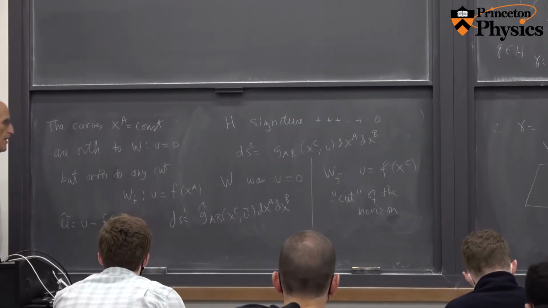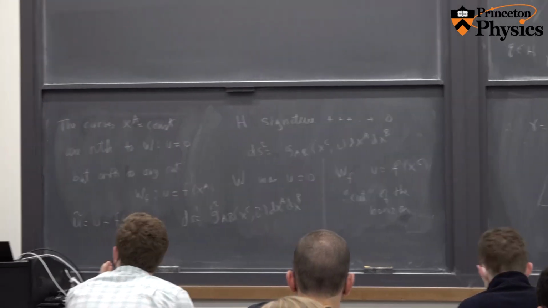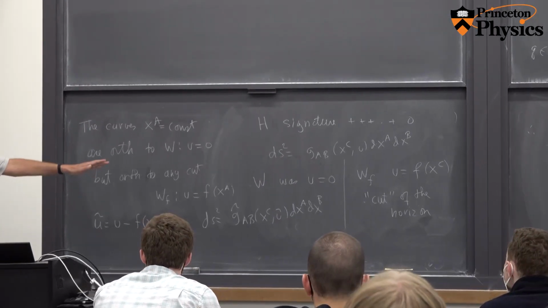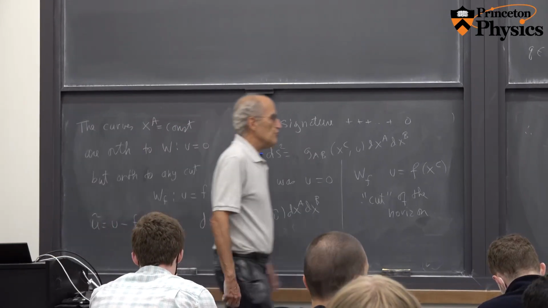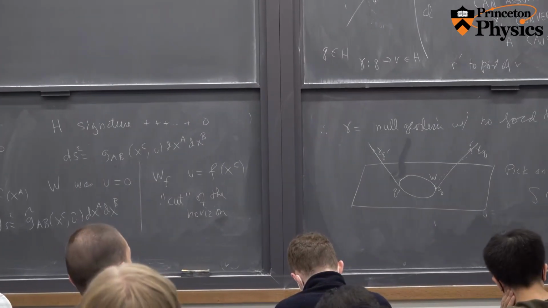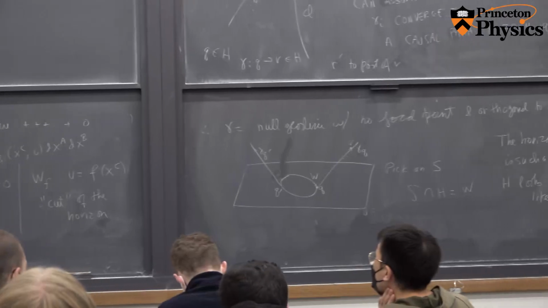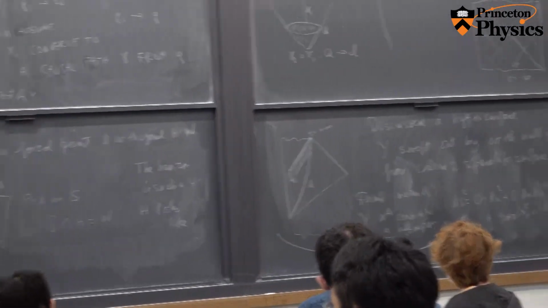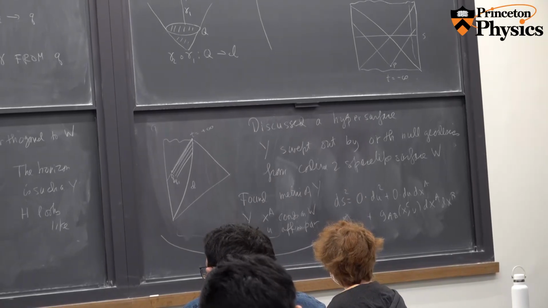So there's complete democracy among all horizon cuts. We picked a particular horizon cut to deduce that the horizon was swept out by these prompt null geodesics, but once we knew that, we have the metric in this form, and it shows us that any other horizon cut would have led to a metric of the same kind.